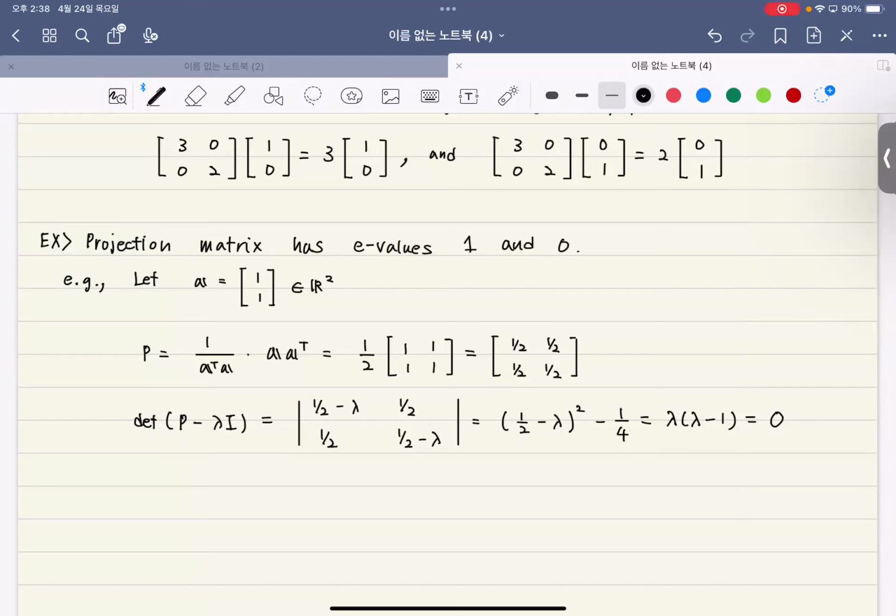So this vector can be considered an eigenvector of eigenvalue 0. That's it. And there is no other option. You cannot stretch any vector by 2 or something like that. There is no such thing. So because of this, the projection matrix has eigenvalues 1 and 0. Okay? Great.